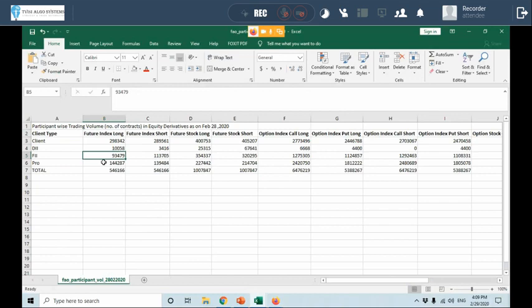93,479 contracts. This is in index. This index includes both Nifty and Bank Nifty. Let's look at the net future position. This is the buy and this is the sell. This is the net.